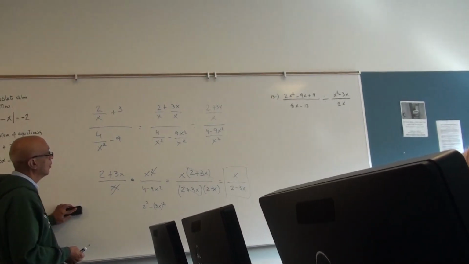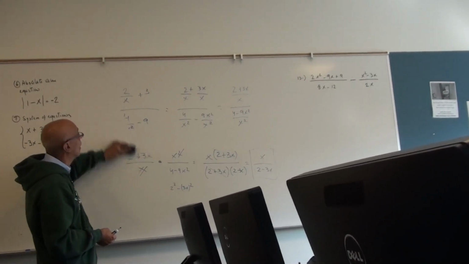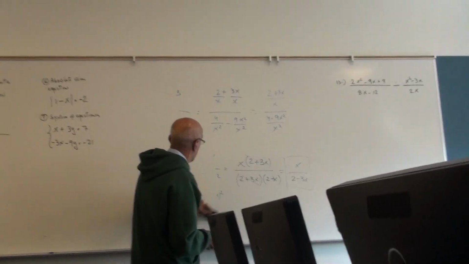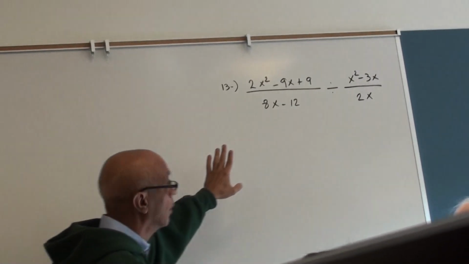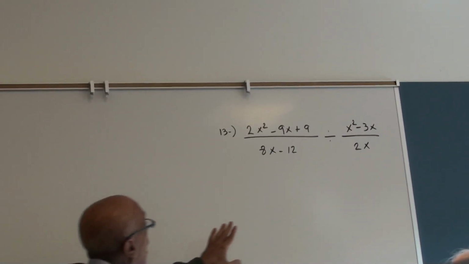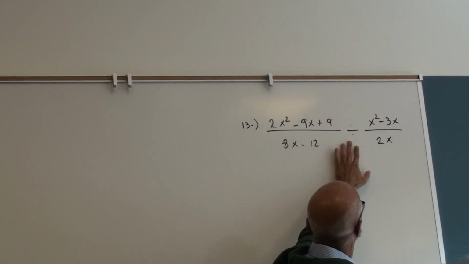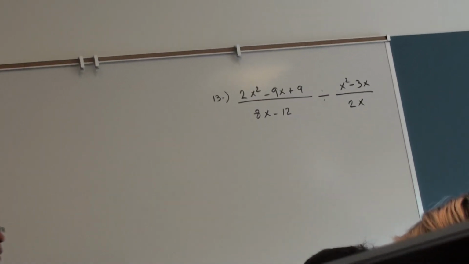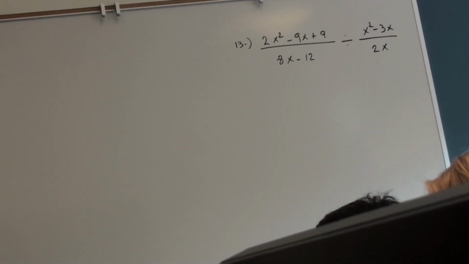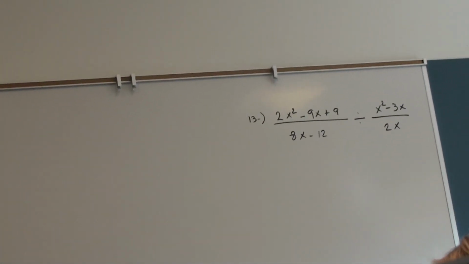Okay, so let me erase this now. Let's do another one. Well, this one here, this is not an equation, but it is a division here, and I'm going to have to simplify. So how can I simplify? The first thing I need to do is to factor each term so I'll be able to simplify.